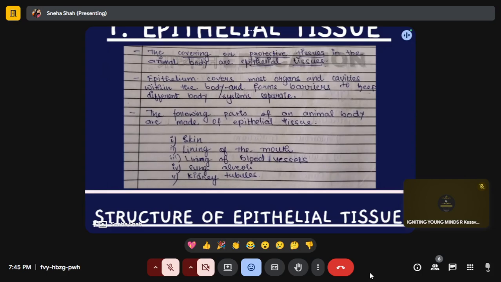Which nutrients are needed for your body? These nutrients are absorbed back into the blood through kidney tubules. So again, kidney tubules will have epithelial tissue.